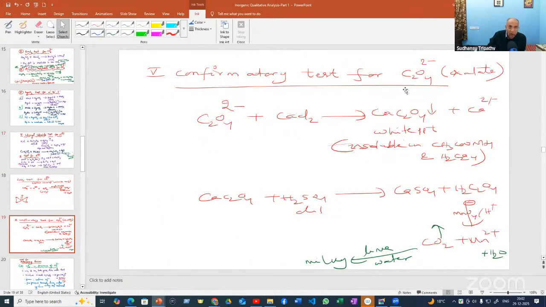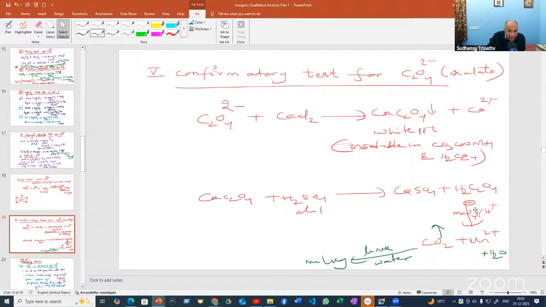So, oxalate can also be confirmed by adding calcium chloride, so that you get calcium oxalate, which is a white precipitate, insoluble in acetic acid and also insoluble in ammonium acetate and oxalic acid. And if you take that precipitate and treat it with dilute acid, you get double displacement forming oxalic acid.